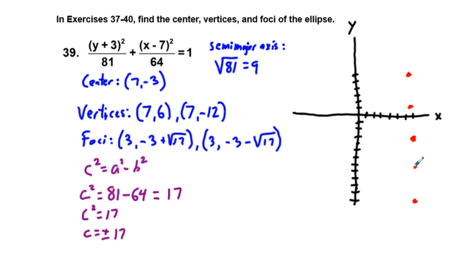So those would be our foci, and our semi-minor axis is going to be 8. So if we go to the left 8 here, and to the right 8, oops, it'll be down here, center is here. There we go. So this is what our ellipse is going to look like.